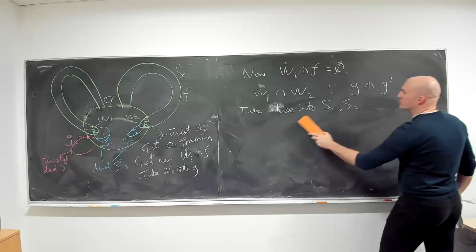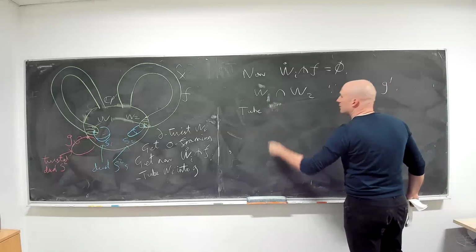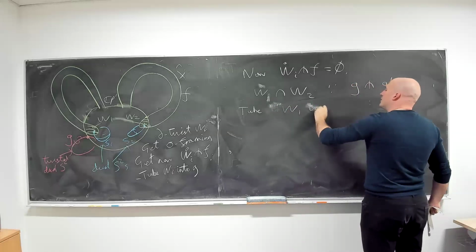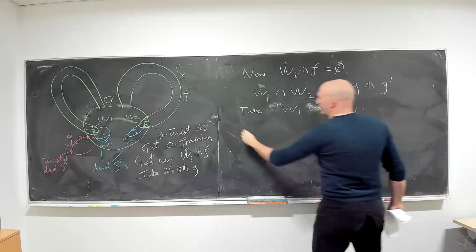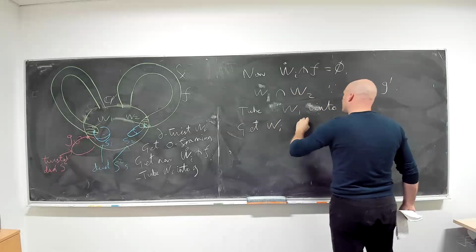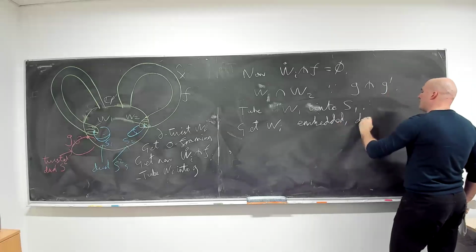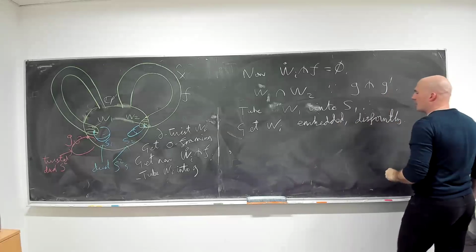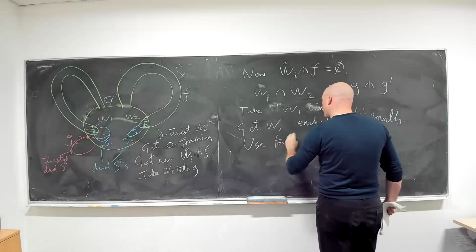I guess I could just tube W1 into S1, and now the WIs are embedded disjointly, and so we use them for the Whitney trick.